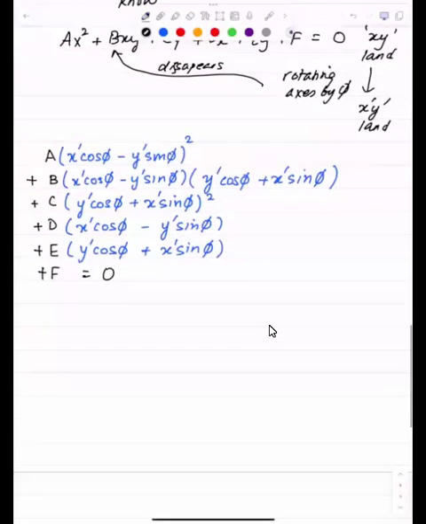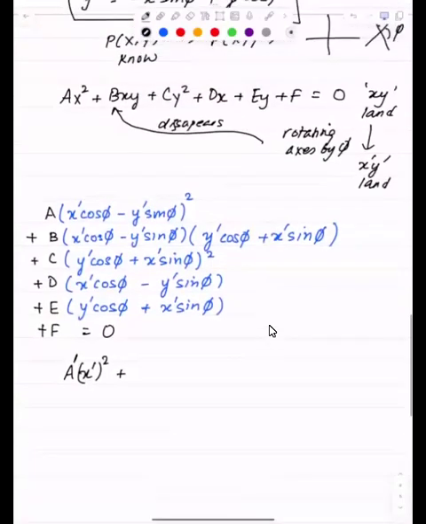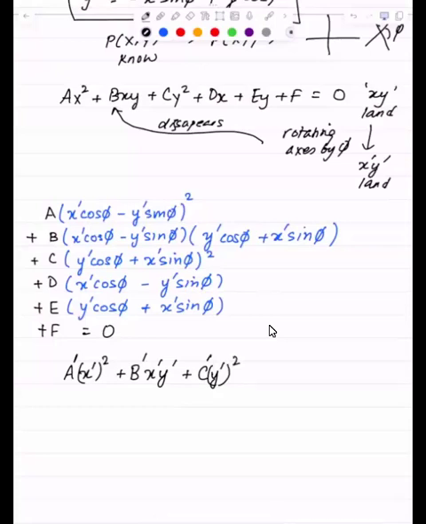So what are we doing? By going into x prime, y prime land, we are going to get new coefficients: a new coefficient of x prime squared, which we call a prime; a new coefficient of x prime y prime, which should be b prime; and a new coefficient of y prime squared, which is c prime, and the same for d, e, and f.